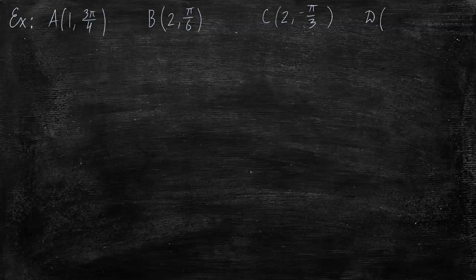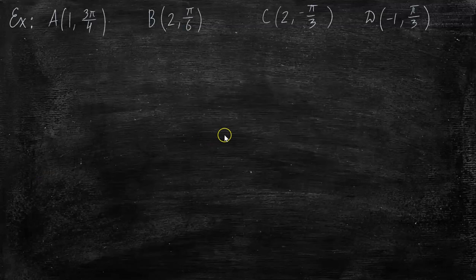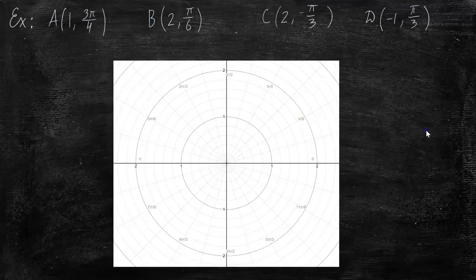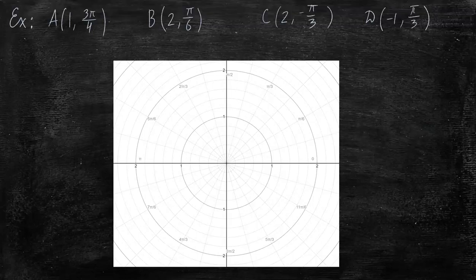It's just much more accurate. Just like you need graph paper to produce a nice graph in the Cartesian coordinate system, you do need a nice grid in the polar coordinate system to enjoy graphing in polar coordinates. So let's plot these points real quick. 1, 3 pi over 4 will be right here.